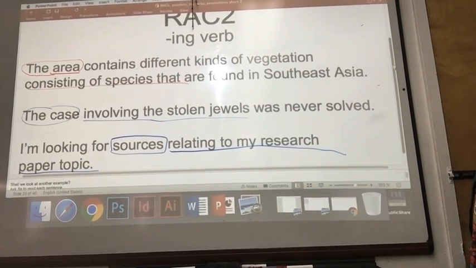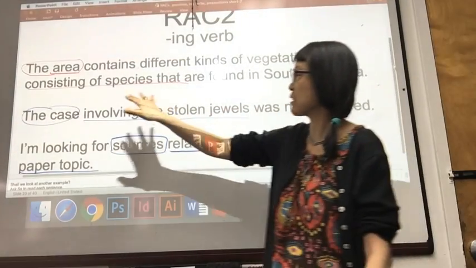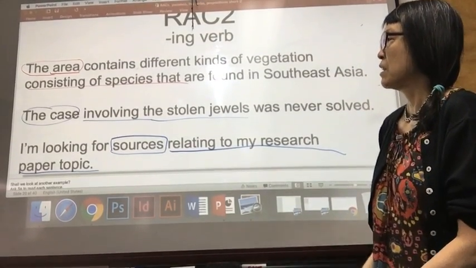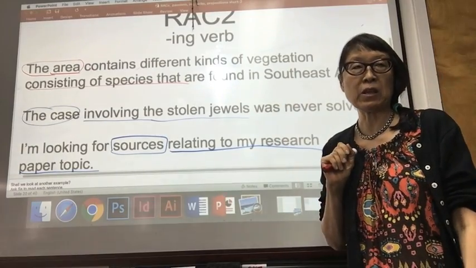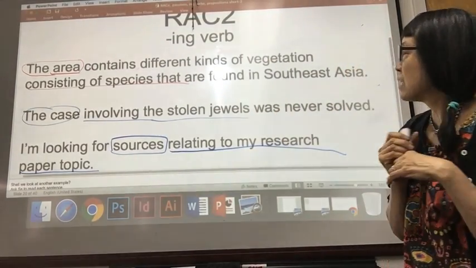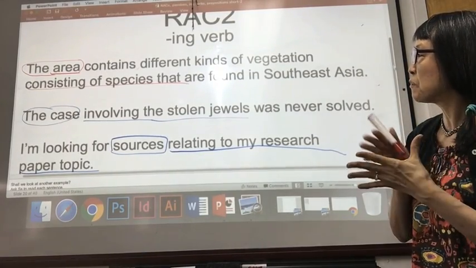Consisting of species that... Should we include that? Let's look closely at the reduced adjective clause. This one is a little tricky. We know consisting, and then how much should we keep there for a reduced adjective clause using the ing form? Consisting of species.